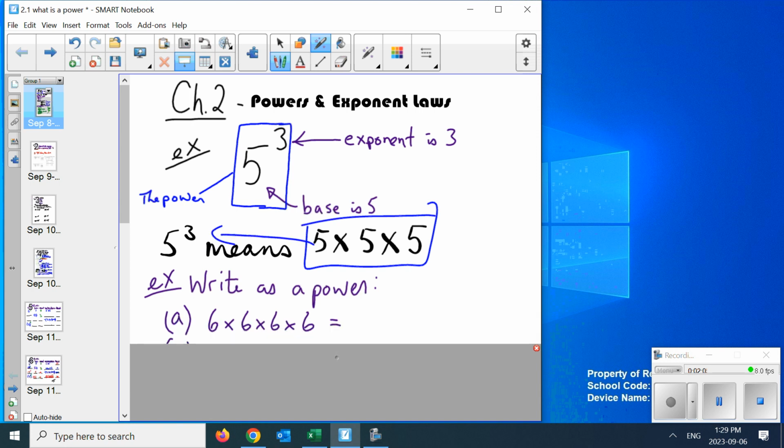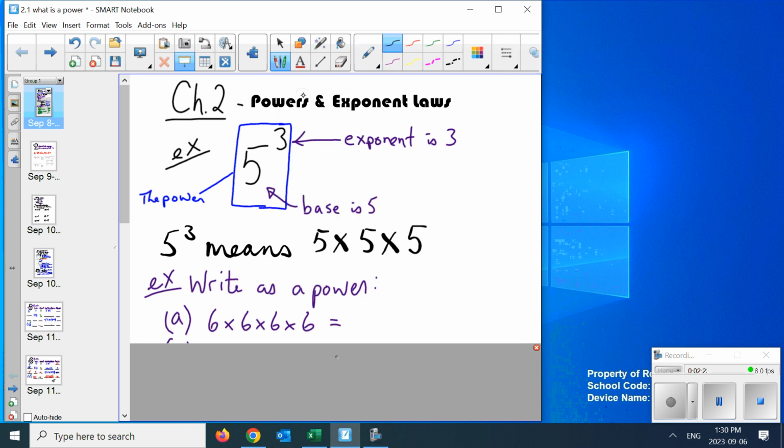So let's do a few of these. Write down the example, and then we're going to go over them together. 6 with an exponent of 4 is exactly right. 6 is the base, 4 is the exponent.